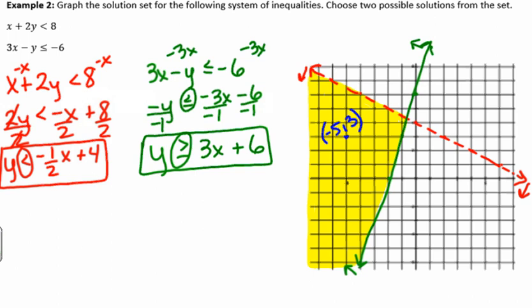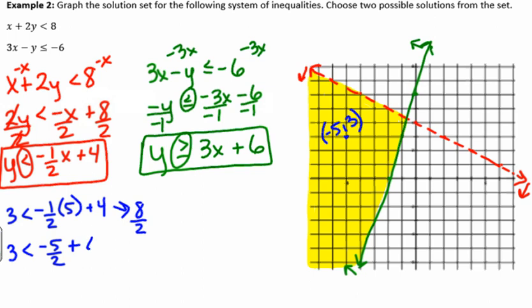So if I plug in, my y value is 3, must be less than negative 1/2 times negative 5 plus 4. Is 3 less than negative 5 over 2 plus 4, as a fraction over 2, which is really 8 over 2.